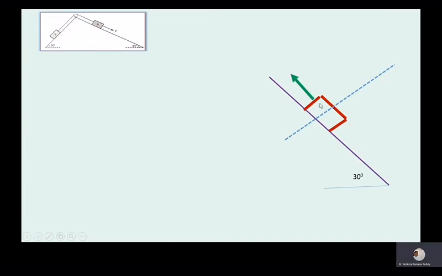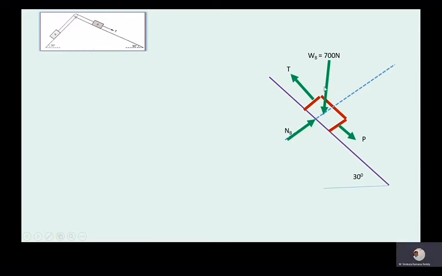Tension always acts away from the body. This is the applied force P. Weight always acts perpendicular to the ground. Normal reaction always acts perpendicular to the surface.